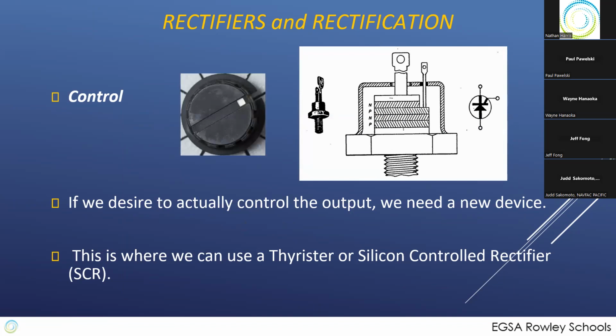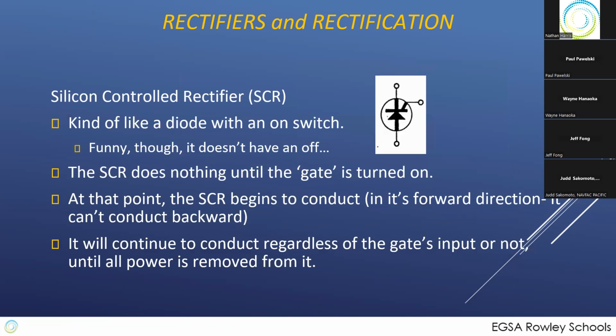This is an interesting little piece of kit. It's like a diode with an on switch, but it really is an on switch and not an on-off switch. So what do I mean by that? Well, for those of you that are in an office or an official building, take a look over at the door. The door is closed.